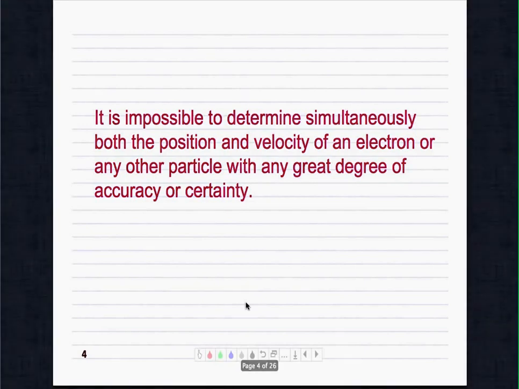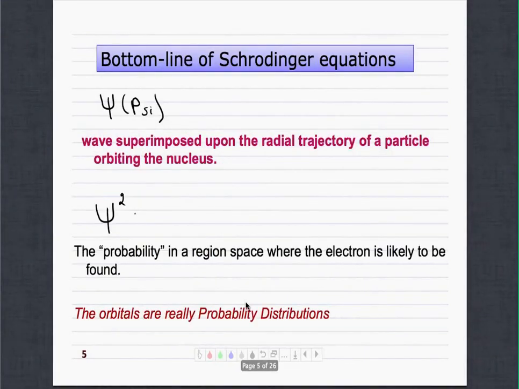Okay, so the bottom line of all those equations that we saw is that the Schrödinger equation talks about psi. Psi is the wave superimposed upon the radial trajectory of a particle orbiting around the nucleus. In other words, it's just a description of where the electron is. Psi squared is what we're going to depend on, and psi squared is the probability in a region of space where the electron is likely to be found.